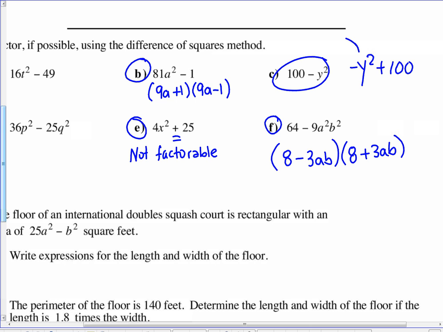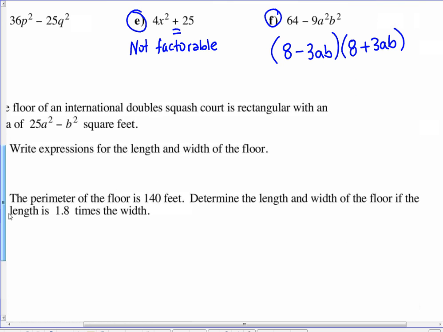So I would rearrange it to this 100 minus y squared. Those are the same thing. It's always nicer when the minus is in the middle. It's better because otherwise you get negative y plus 10 and positive y plus 10. And that's really ugly. So just rewrite it so that the minus sign is in the middle if it's not given that way. Technically still right? Yes, it is. Still right if you wrote it the other way.